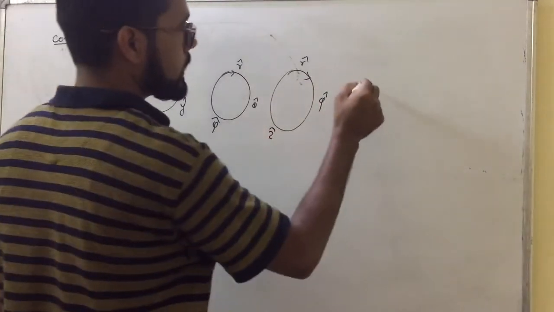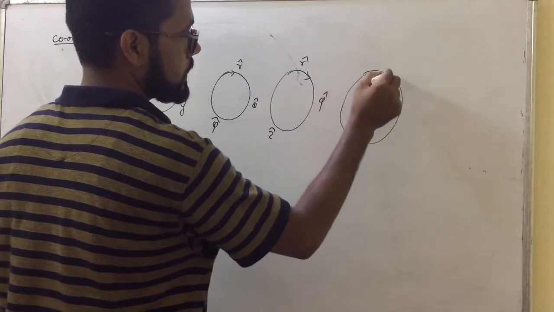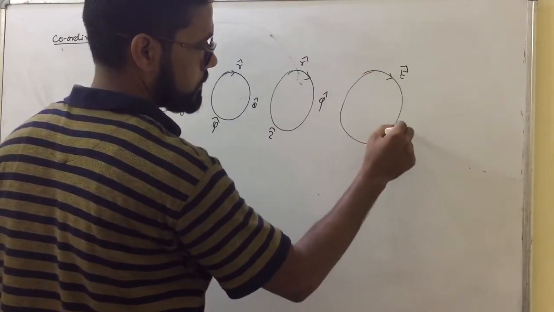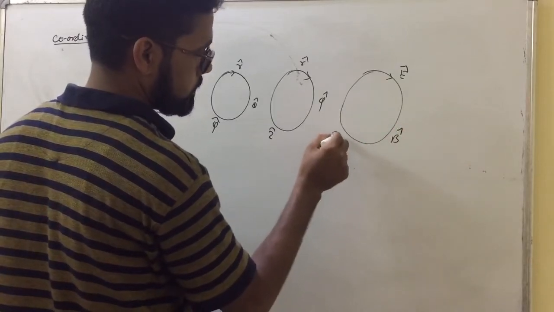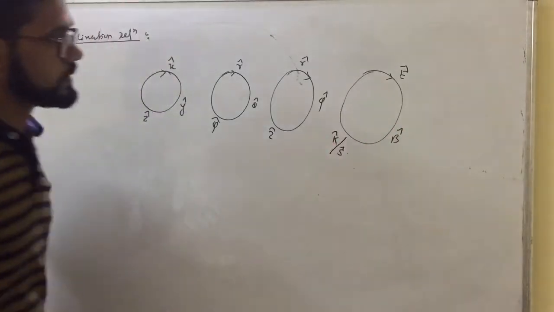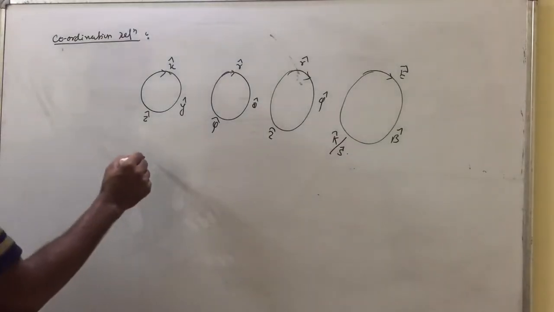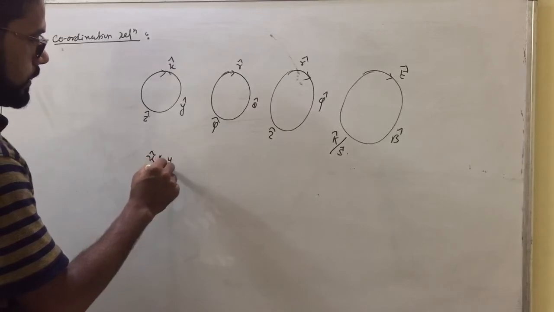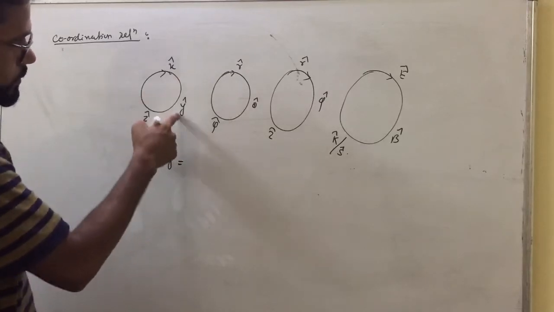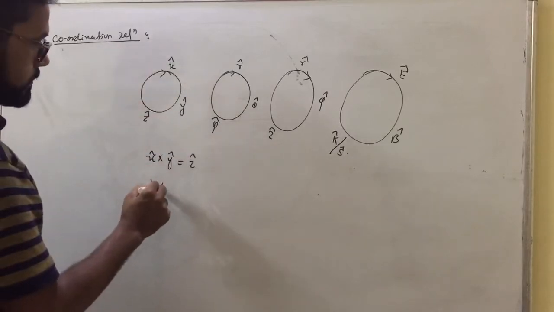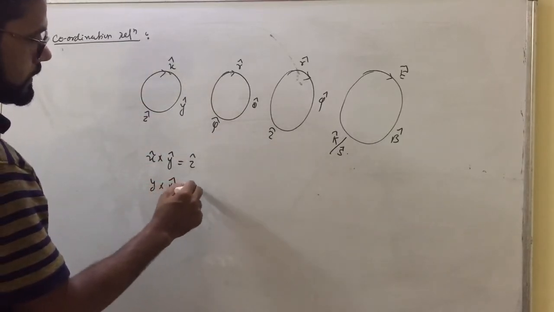An electromagnetic wave also follows the same behavior: E cap, the electric field unit vector, B cap, and K cap, the propagation unit vector, or S cap. The same rule is followed in all four coordinate systems. Here, if we take x cap cross y cap, it will be z cap, or if we take anti-clockwise, y cap cross x cap, it will be minus z cap.